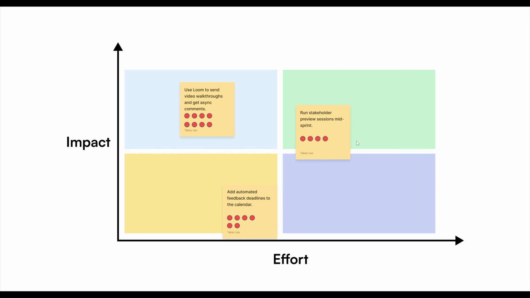Okay, so like in this example, I think that recording a loom to send a video will have high impact and low effort, because we record a video, then we directly put it on Loom and send it to a stakeholder. It's easy.